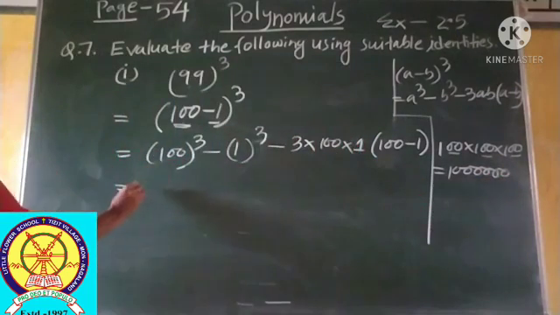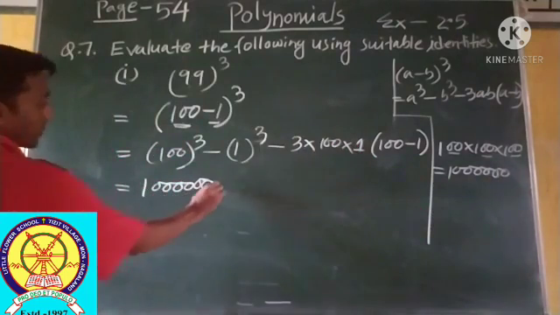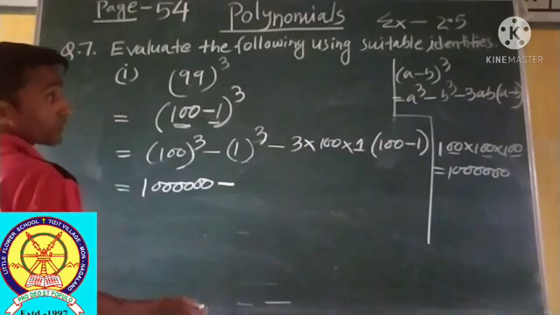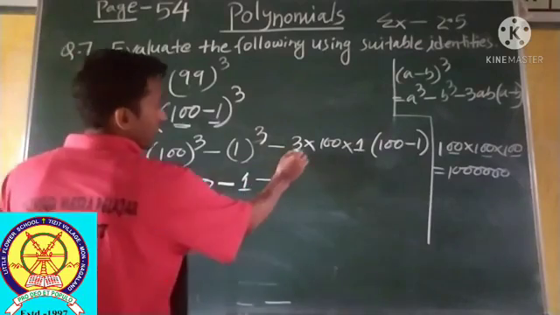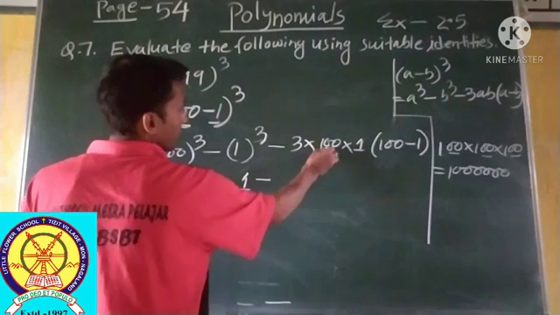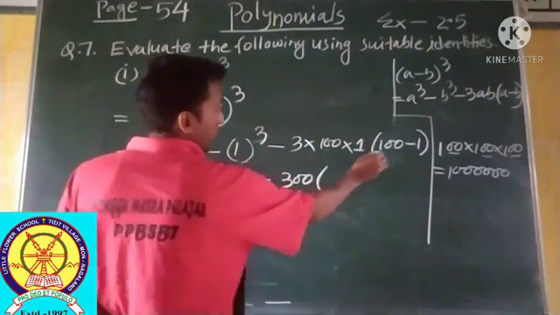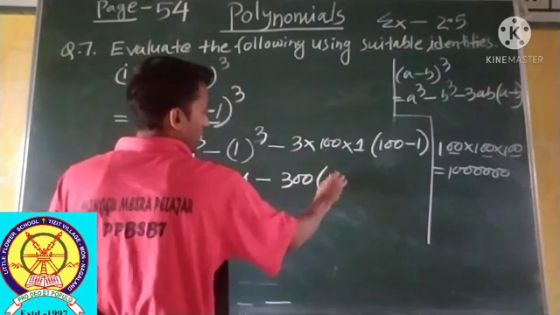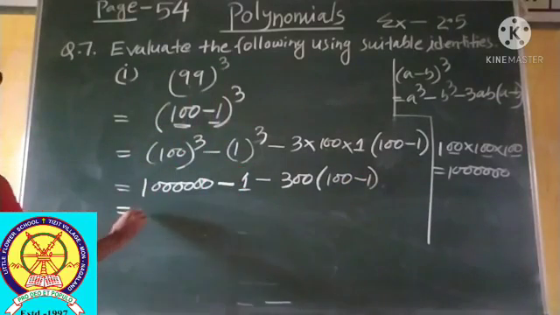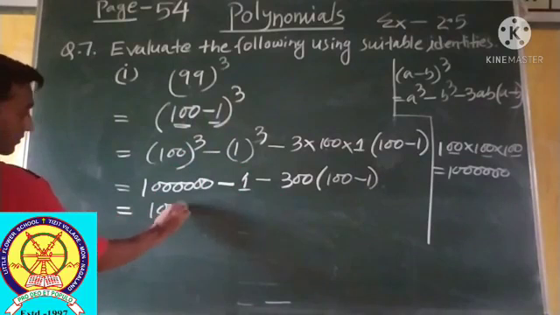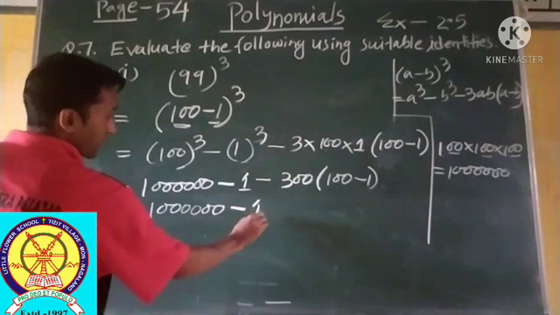So 100 cube is 1000000, minus 1 cube, that means 1 into 1 into 1 is 1, minus 3 into 100, that is 300, into (100 minus 1), or you can write it directly as 1000000 minus 1.